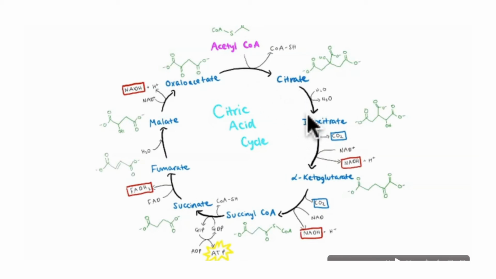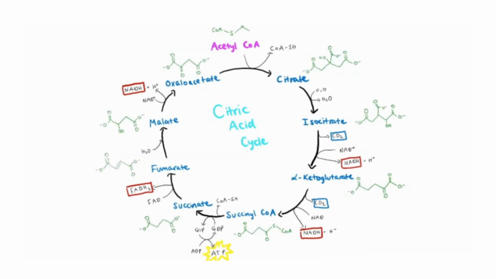But I want you to notice 1 CO2, 2 CO2. Keep in mind, there was another CO2 produced up here in the conversion of pyruvate to acetyl coenzyme A. That 1 CO2 plus this CO2 plus this CO2 makes 3 CO2.